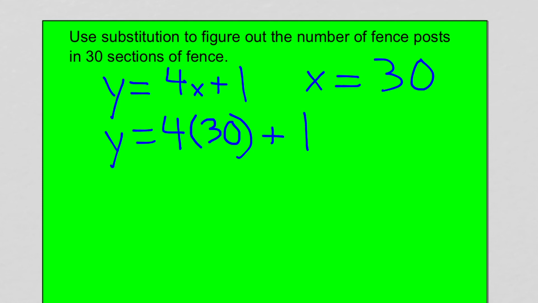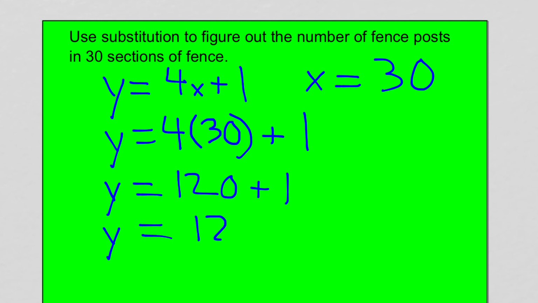So 4 times 30 plus 1. Now in order of operations, when we have multiplying and adding in the same question, we do the multiplying first. 4 times 30 is 120 plus 1. And y equals 121 rails. That's how many rails there will be in 30 sections of fencing.